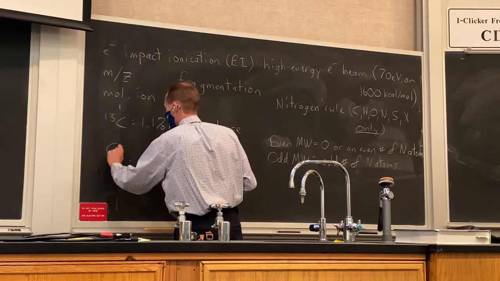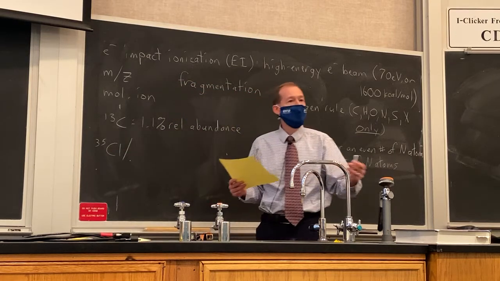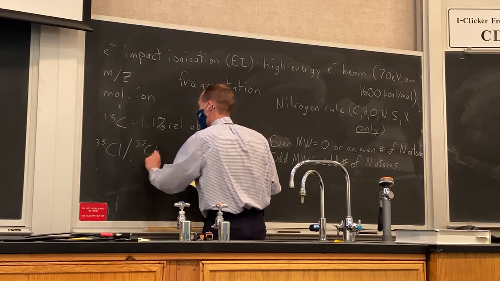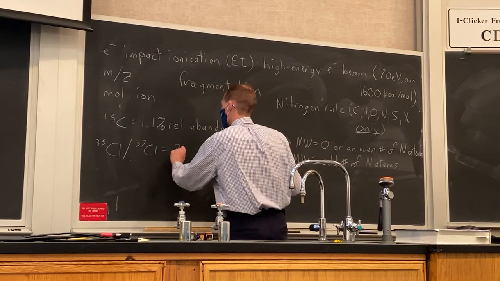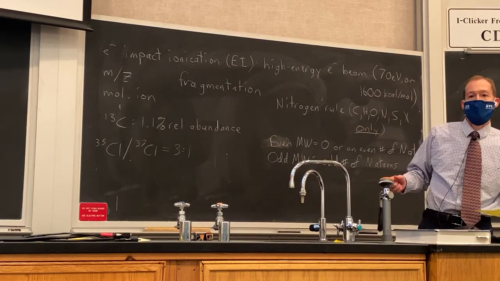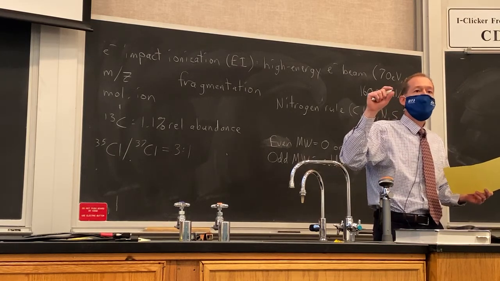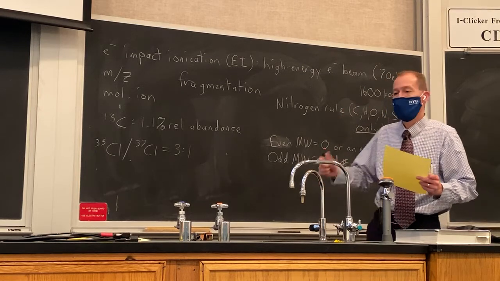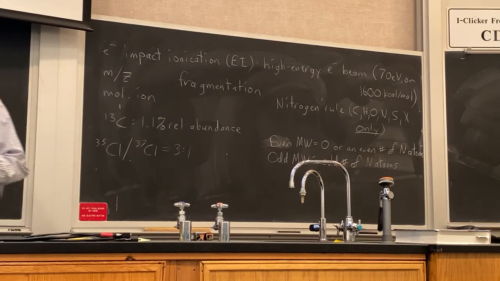So with chlorine, chlorine 35 is the most abundant isotope, but chlorine 37 is second, and the ratio between these 2 isotopes is 3:1. So when you encounter a molecular ion, and then you encounter a peak at M+2 that is 1/3 the height of the molecular ion, you know that you have a chlorine in your molecule.